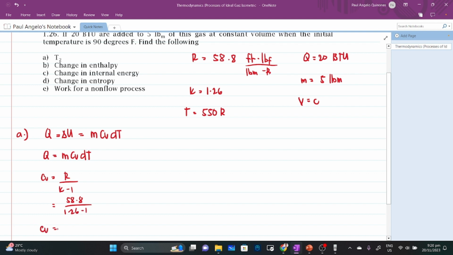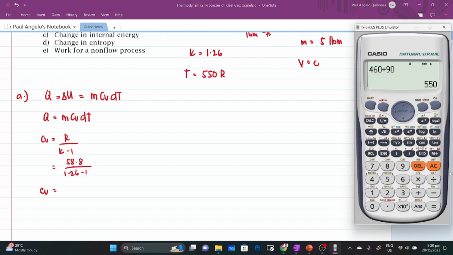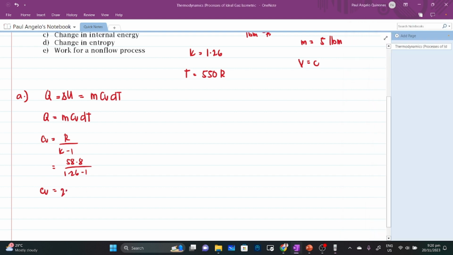Therefore, CV is equal to, let's use our calculator, 58.8 divided by 1.26 minus 1. So we have 226.153 foot-pounds per pound mass Rankine.